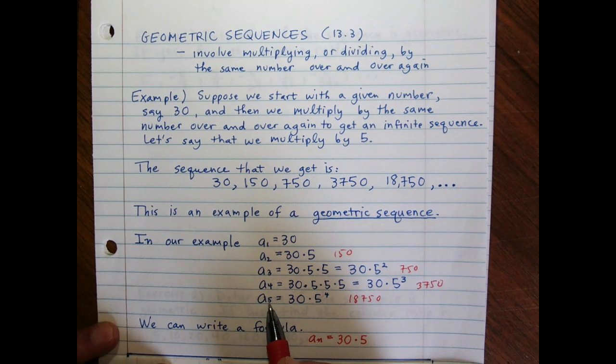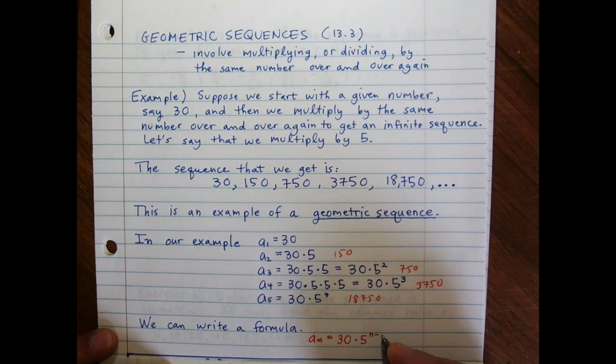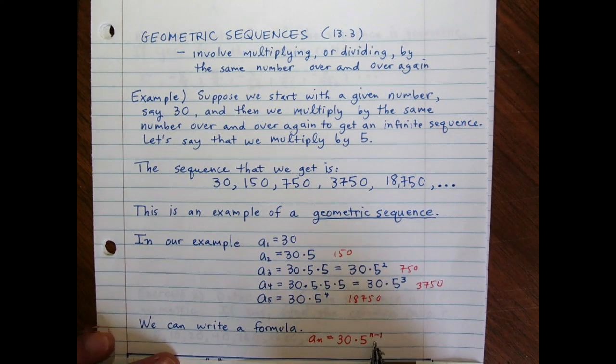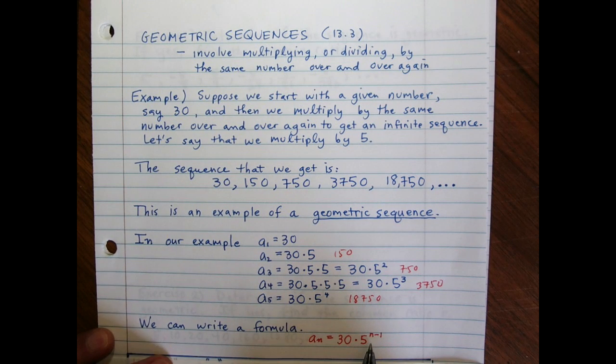So a sub 5 involves 5 to the fourth power. So we can represent that in our formula by writing an n minus 1. It's like n minus 1 because the first term doesn't have any 5s, and we get our first factor of 5 when we're already to the second term. So the factors of 5 are always sort of one behind, right? So here's a general formula for the example up above.